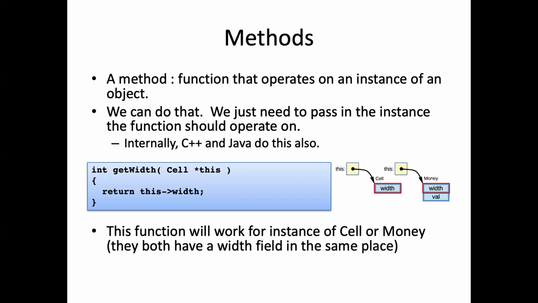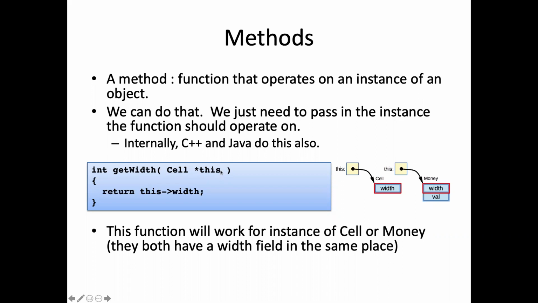So if we want a method like getWidth that works for a cell, it's just going to have to be a plain old function, not part of an object. But you're going to have to pass it a pointer to the object it's supposed to get the width of. So we'll pass that in as the first parameter. This is kind of like an instance method. We just have to help it out. You call getWidth, and you give it the object that we're supposed to get the width of.